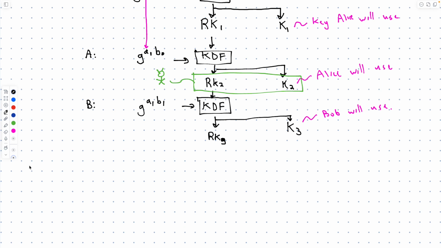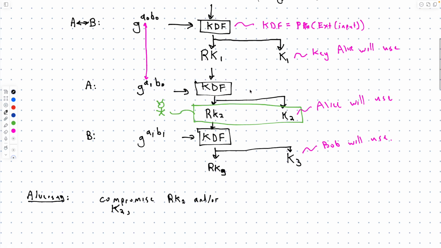Okay, so this is the adversary. Let's assume they compromise it can be either or both. So I'll say RK2 and/or K2. Okay, so now they know everything in green.